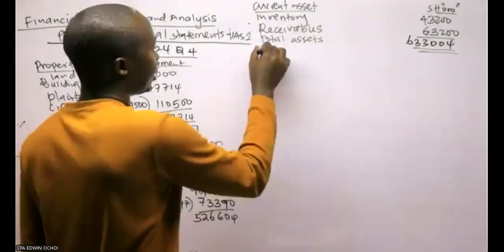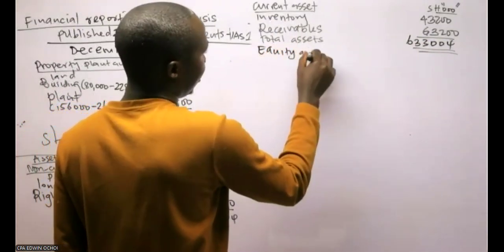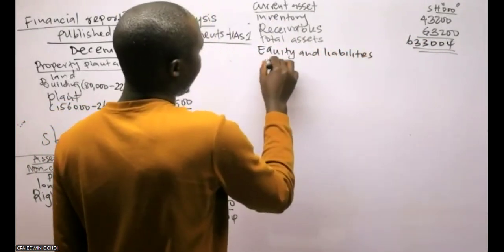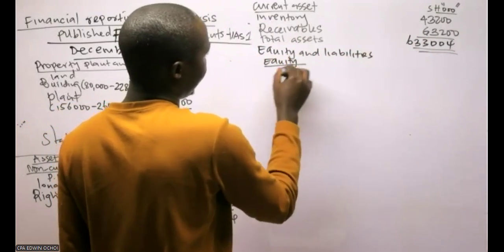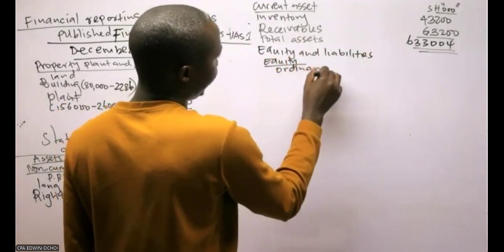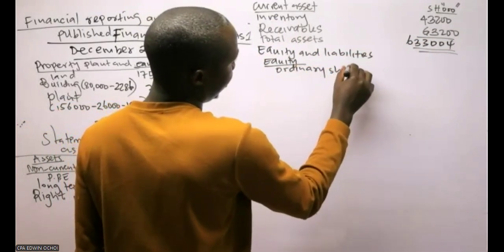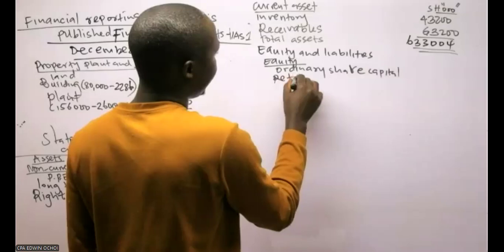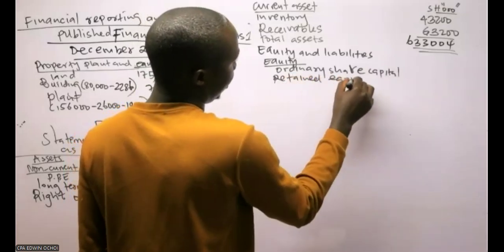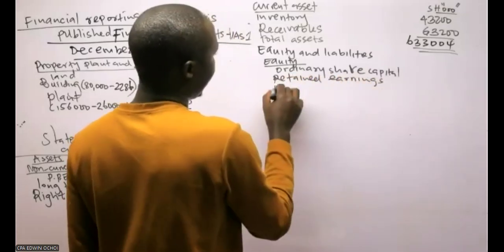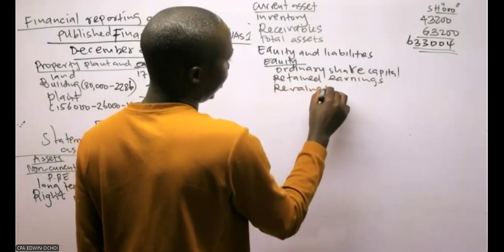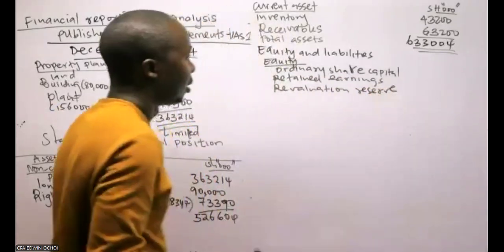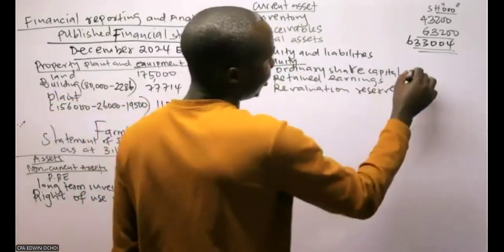Equity and liabilities. We talk about equity. I remember there was ordinary share capital, retained earnings, and revaluation. Share premium was 150,000.